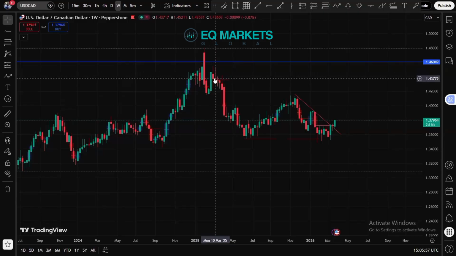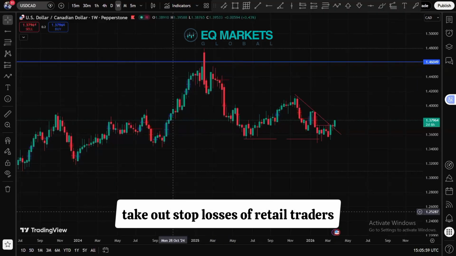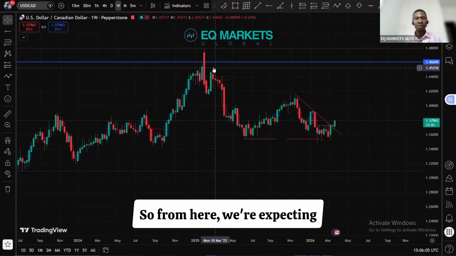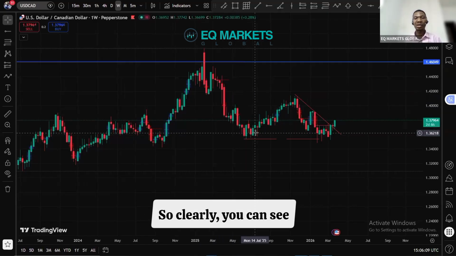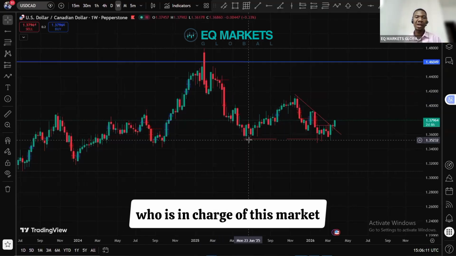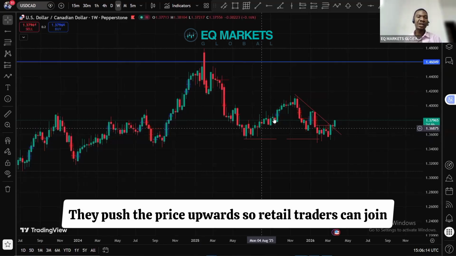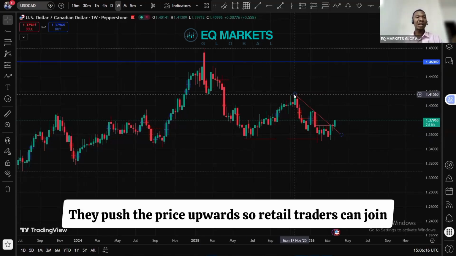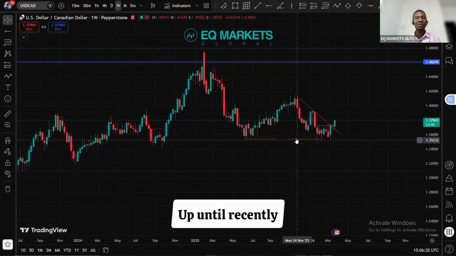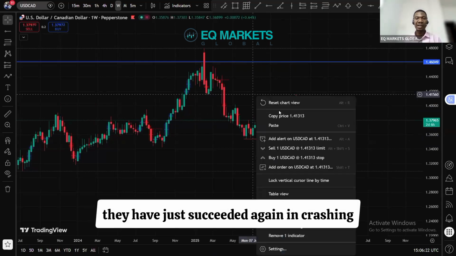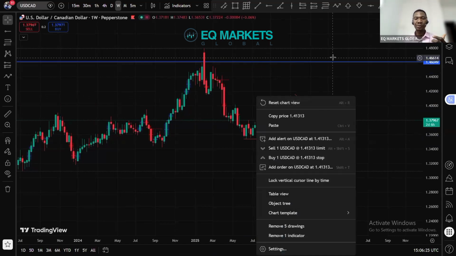And number two, take out stop losses of retail traders. So from here, we're expecting that the market is dropping just like that. So clearly you can see who is in charge of this market. They push the price upwards so retail traders can join, and then they crash the price even lower. Up until recently, they have just succeeded again in crashing the price even lower.